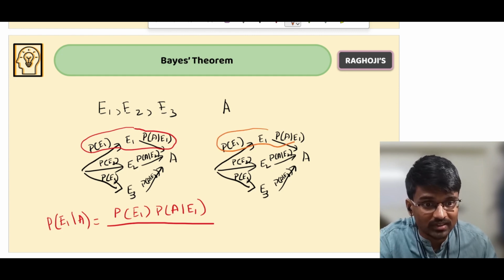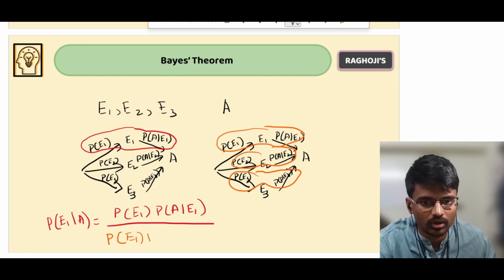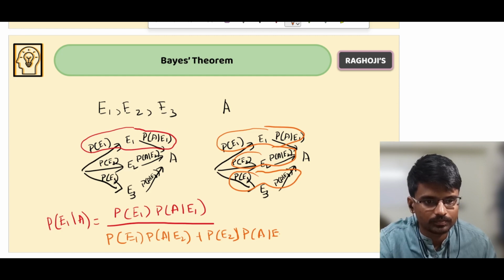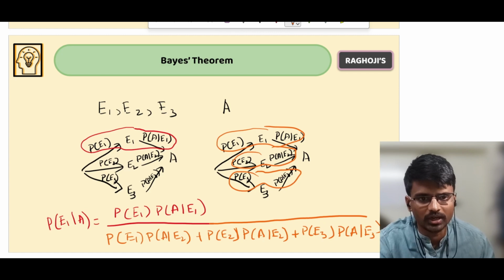So you just have to multiply these two arrows and these two arrows. Write it in the denominator, and that's it. You have your formula for Bayes theorem. Isn't it easy? Yes, let me just complete. And the third term, P of E3, P of A when E3 has occurred. So all this is in your denominator.